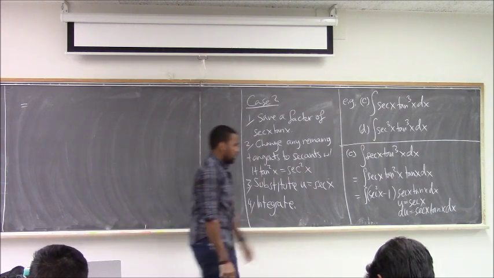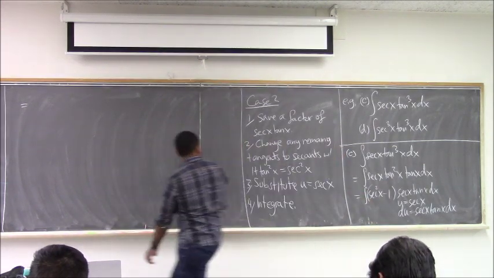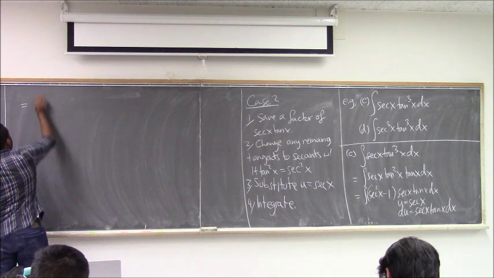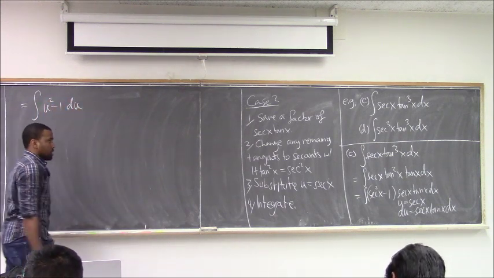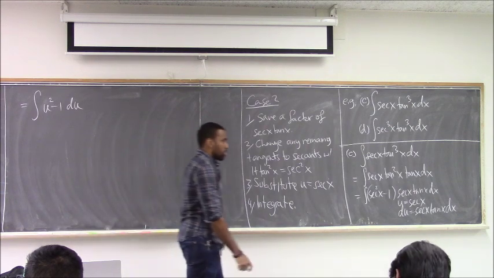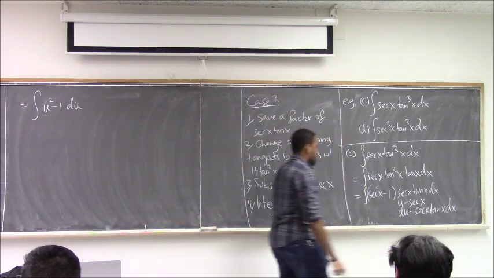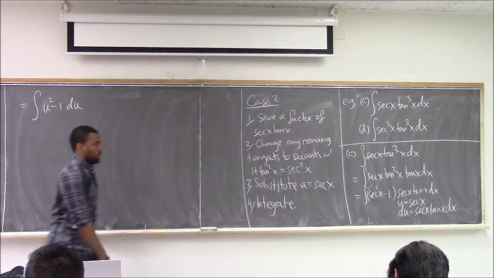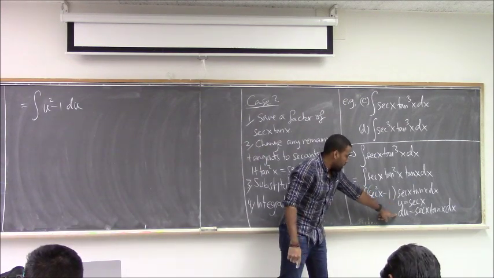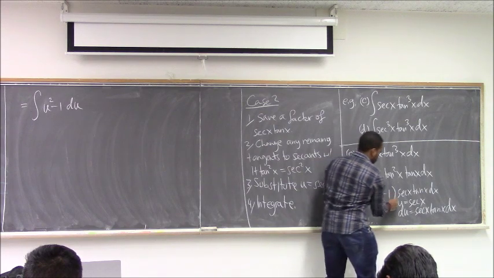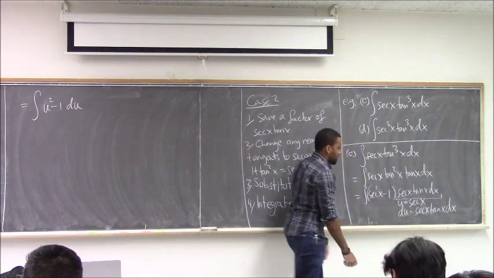With the u and the du, as you said, this is going to look like u squared minus 1 du. So there should be no 1 over 4 anywhere. U is secant. The derivative of secant is secant times tangent, so we get rid of that by the du.